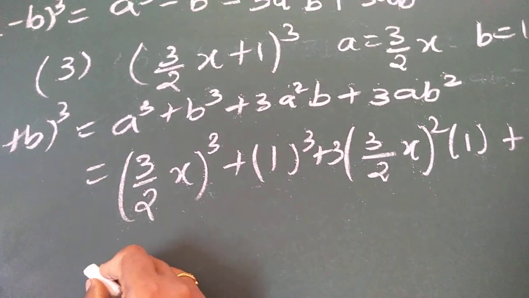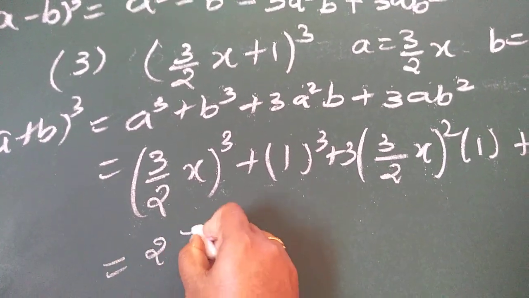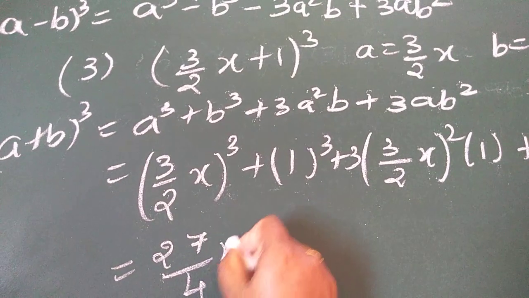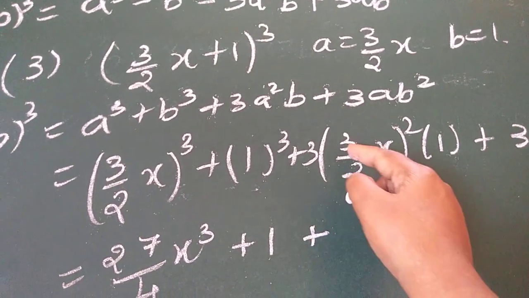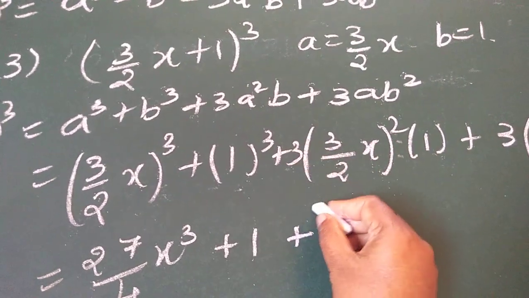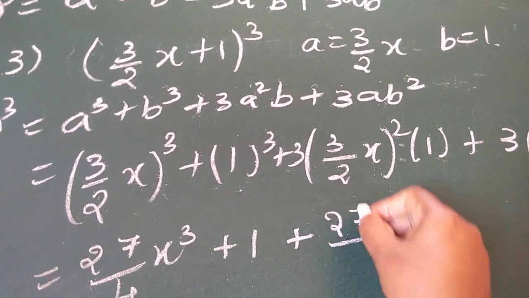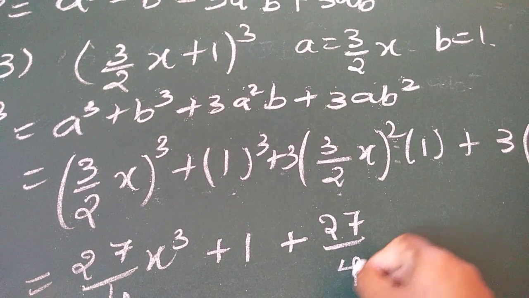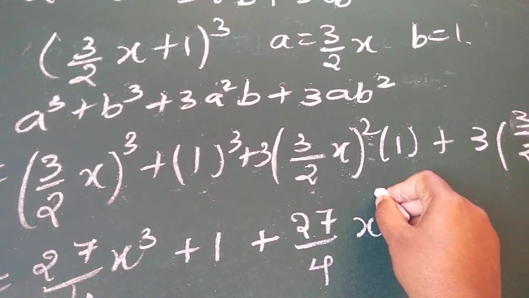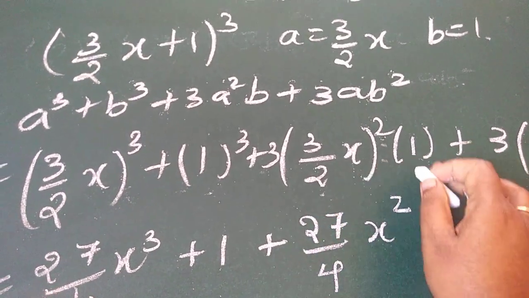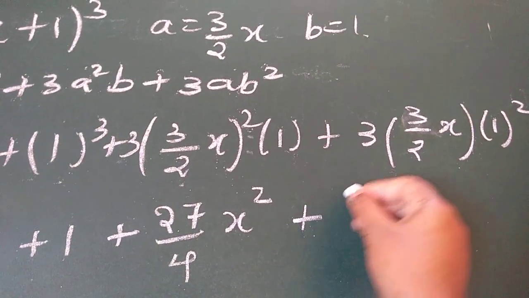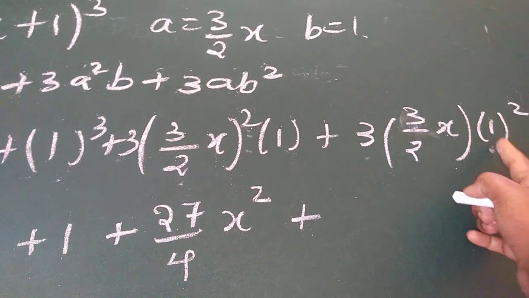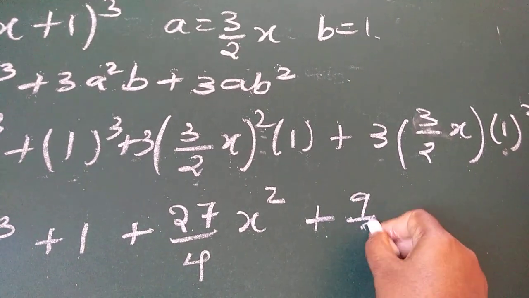Now 3 cube is 27. So 27 by 4 x cube. 1 cube is again 1 only, plus 3 square is 9. 9 3 is 27 by 2 square you have to do, hence x square, because any number multiplied with 1 is the same number. Next, plus 3 3 is 9, 9 1 is 9, hence 9 by 2 x.